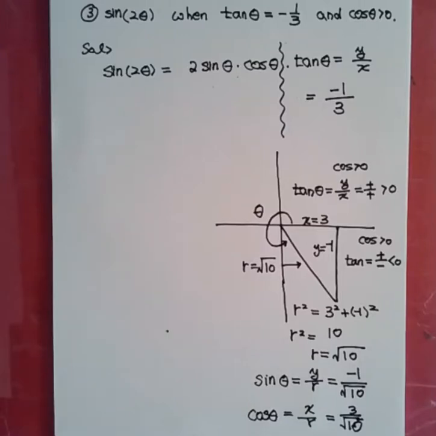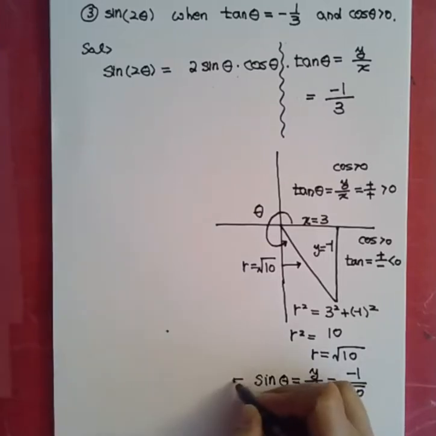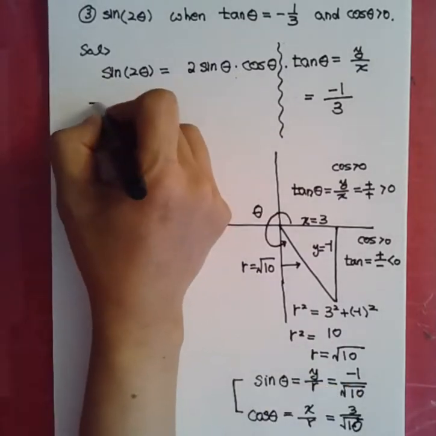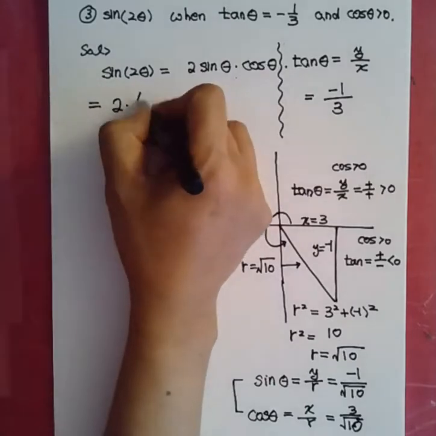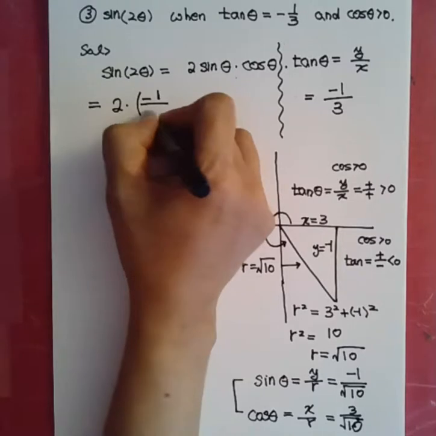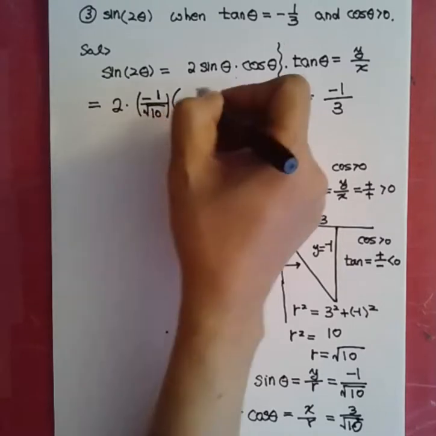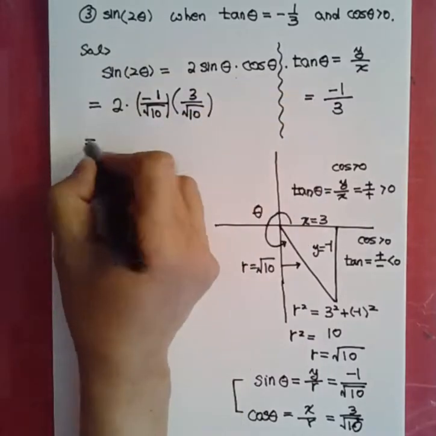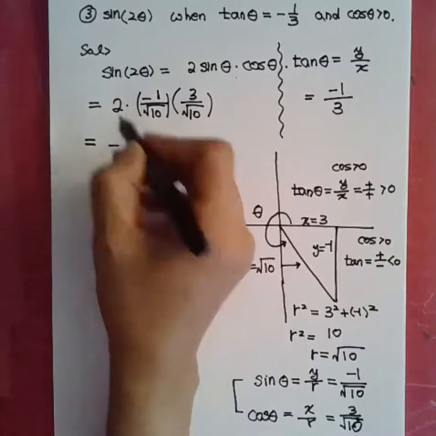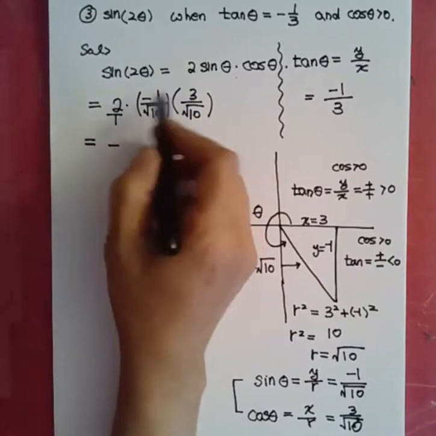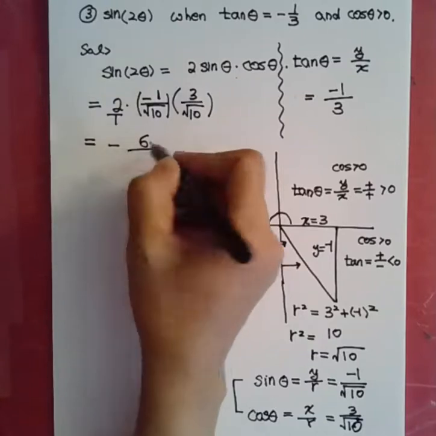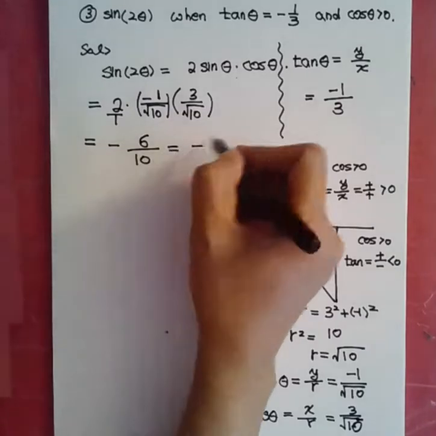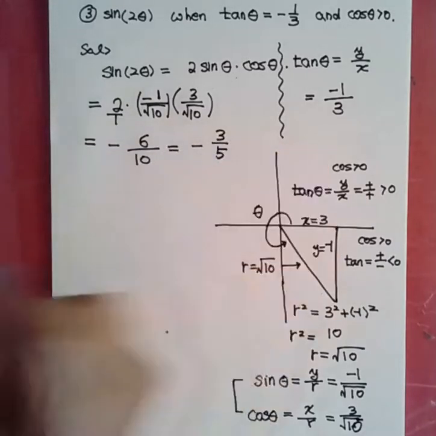We will combine all this information because we need the sine and cosine values. The remaining step is just this substitution. 2 times sine, which is minus 1 over square root of 10, times cosine, which is 3 over square root of 10. If you multiply all 3, that is minus, so 2 is 2 over 1, and then 2 times 3 is 6 over square root of 10 times square root of 10, which is 10. Then that equals minus 3 over 10 by simplifying.